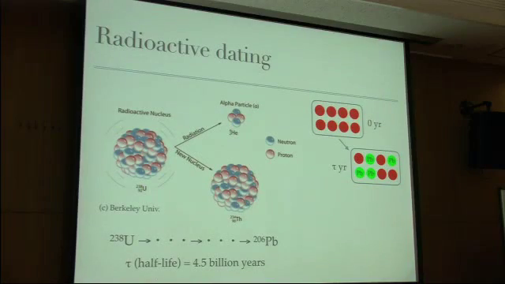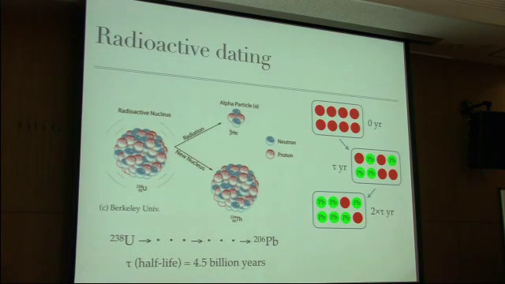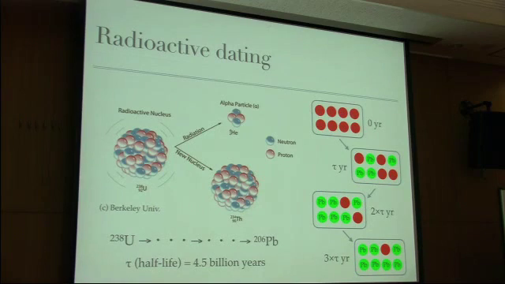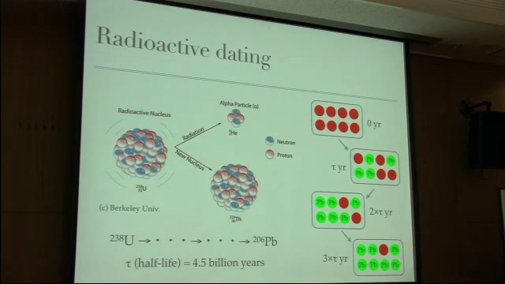After the half-life time, half of the uranium decays to lead. Then after another half-life time, half of the remaining uranium decays to lead. Then 2 over 1 decays to the thorium, to the lead in another half-life time. So by measuring how much lead is contained in the objects, we can estimate the age of the objects.